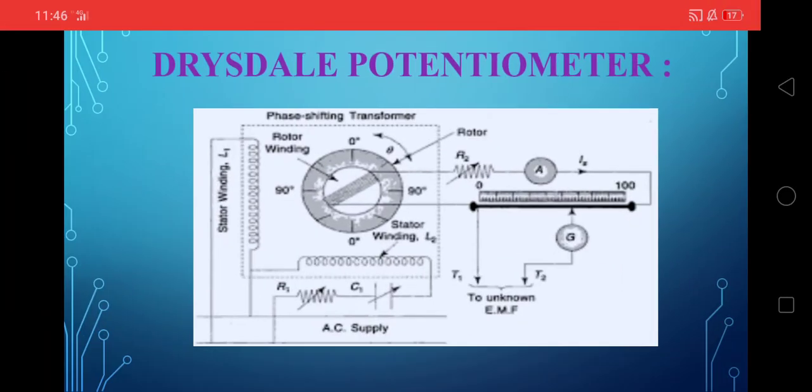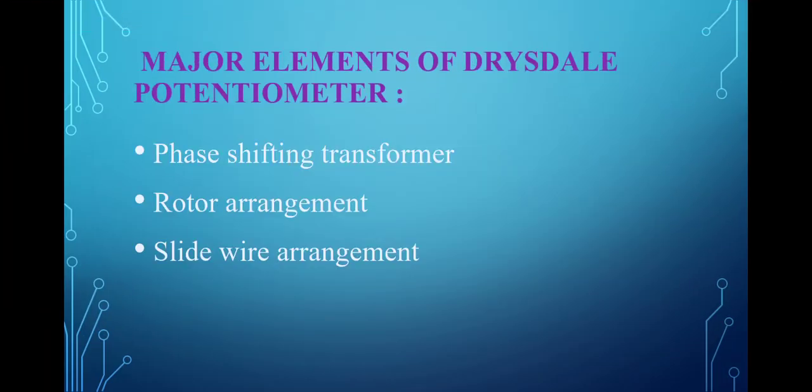In general, an AC potentiometer has three major parts: the phase shifting transformer, the rotor arrangement, and the slide wire arrangement. The rotor arrangement measures the unknown voltage in terms of phase angle, and the slide wire arrangement measures the unknown voltage in terms of its magnitude. The phase shifting transformer is mainly employed for maintaining a phase difference of 90 degrees between the two stator windings and developing the movement of the rotor.